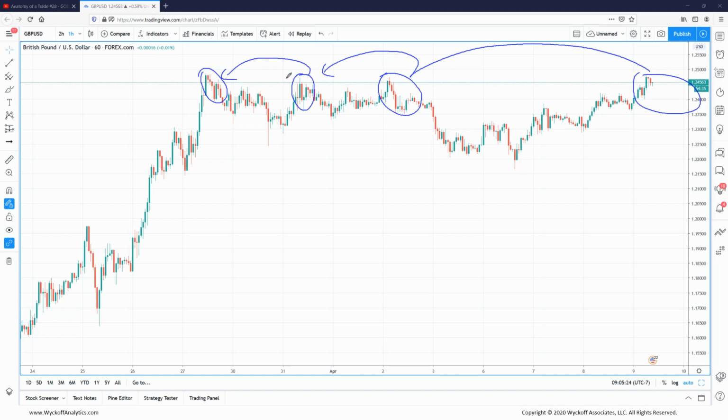If you're seeing the same type of pattern, where maybe we're seeing some test into the high, test into the high, test into the high, and this test later on fails, and we see that failure throughout, then this would be an indication for the trade to the downside.